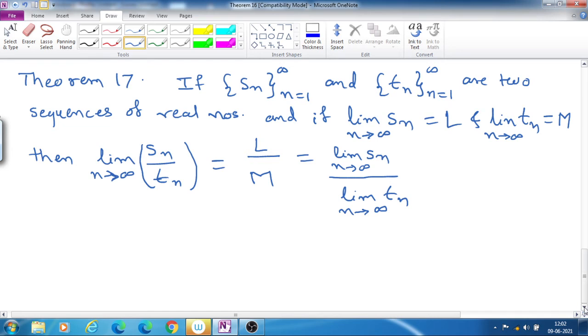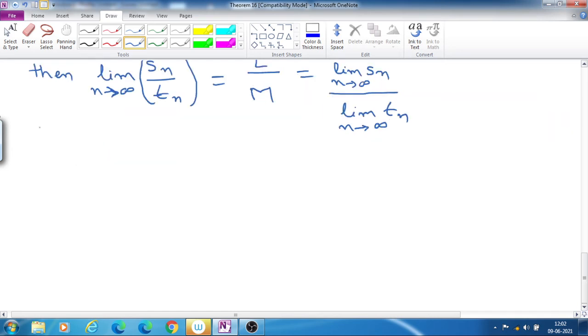So this is very simple. We can prove this theorem.